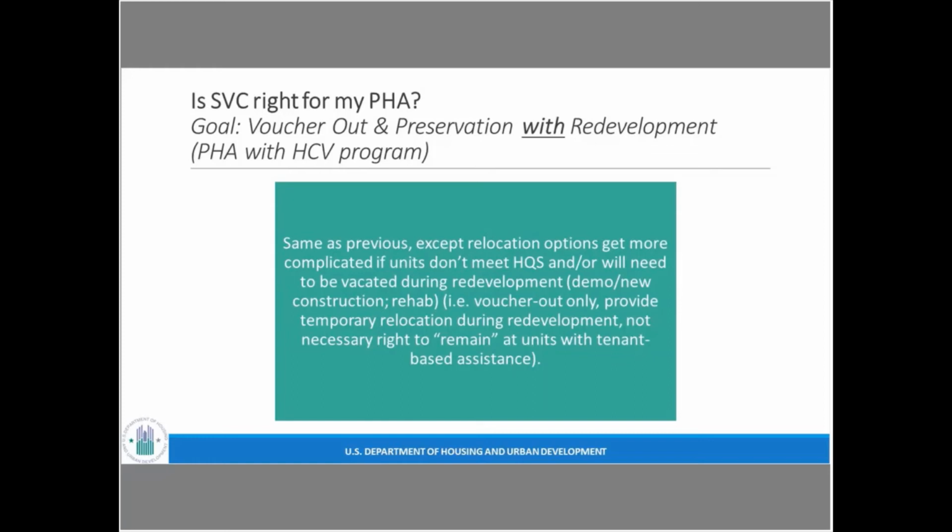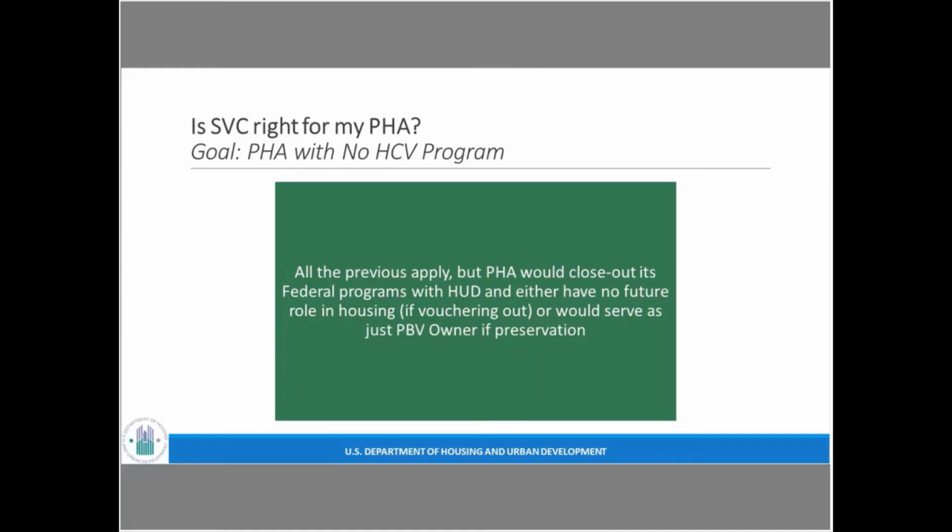And last slide on this, if your housing authority doesn't have an HCV program, any of the three things we just talked about are still viable and possible, but obviously if there's no HCV program, for the first one, for vouchering out, then the housing authority will in essence go away in terms of its federal programming.